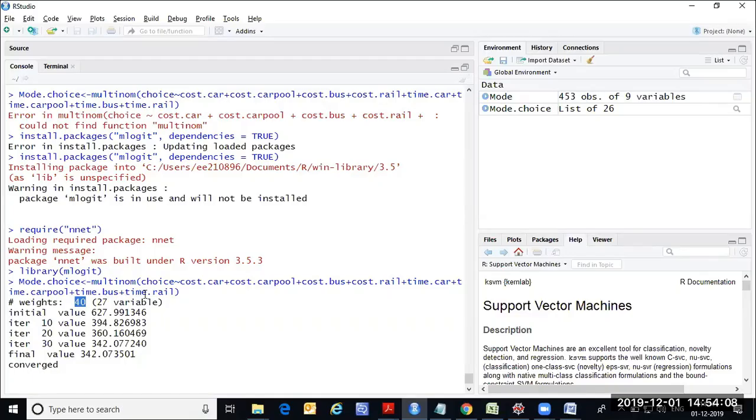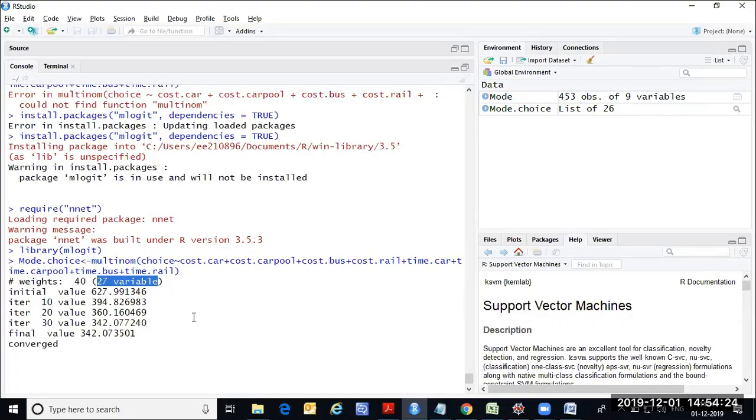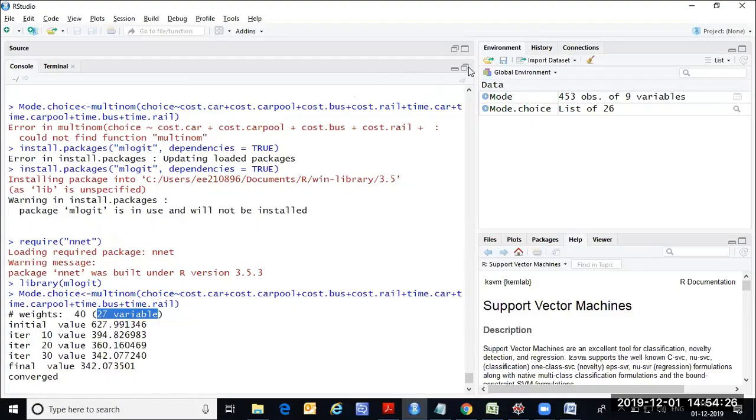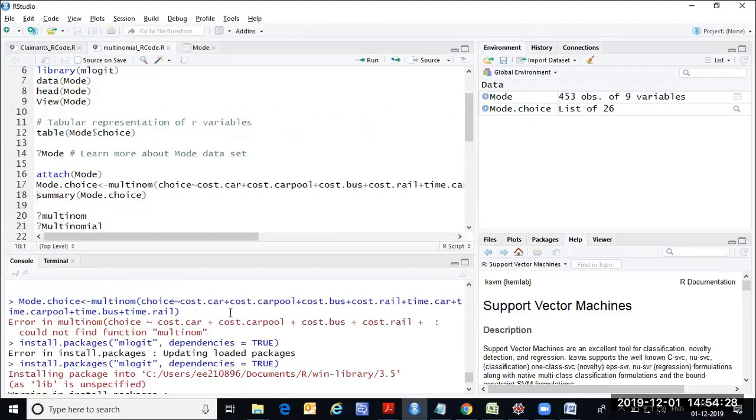Do we have 27 variables in our data? No, right? Hardly 8 input variables and 1 output variable. Overall 9 variables we have. 4 into? How much it will be? Then how come it is 27?